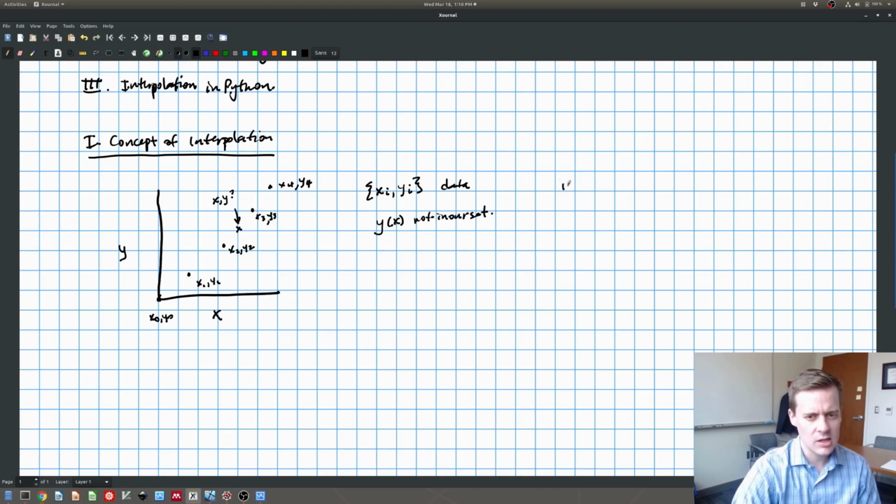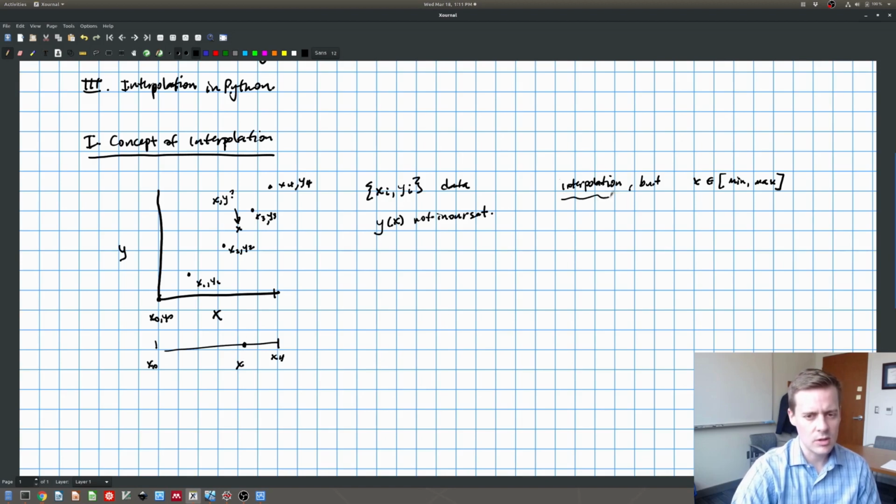So interpolation is when we have some x and y that's not in our set, but x is within our minimum and maximum range. If you look at this range here, this is our x min at x0 and our x max at x4, and the x we care about is right there. So it's within the range.